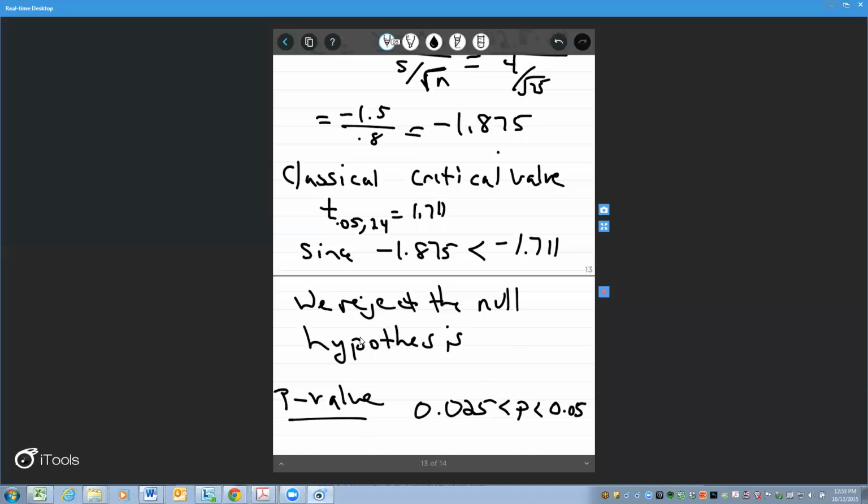Since the p-value is less than my alpha level, we will reject the null hypothesis.